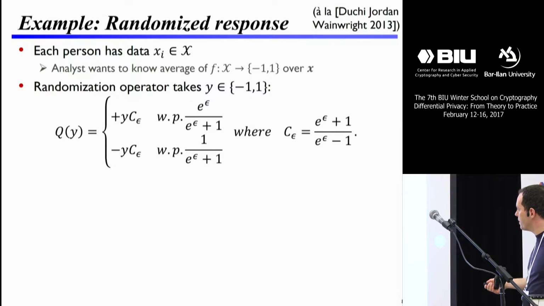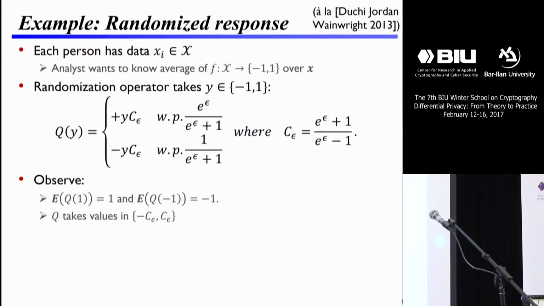Basically, the way the person's input comes in is that you're skewing the output: if my data is 1, then plus C sub epsilon is a little more likely, and if my data is -1, then minus C sub epsilon is a little more likely.